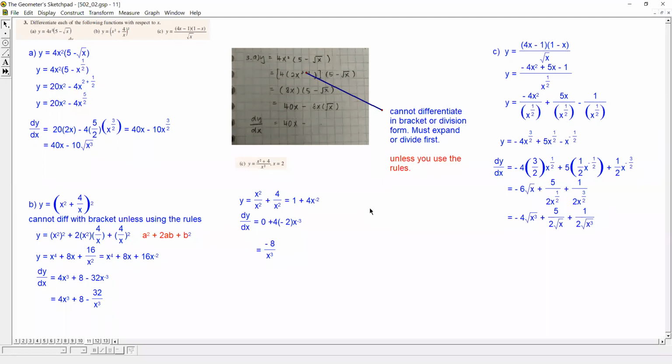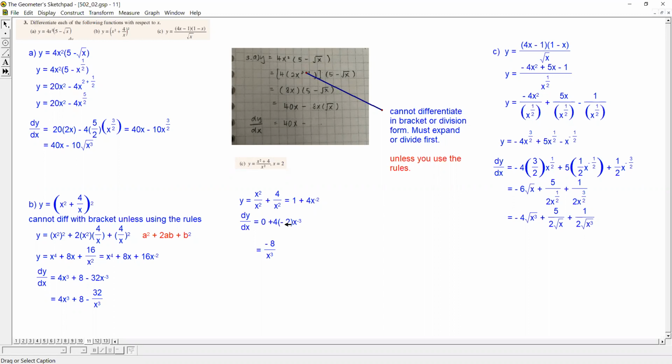Probably they cut your marks or something like that. So here, after you have simplified, it becomes 1, and differentiating 1 gives 0. Differentiate this, it becomes negative 8: the negative 2 brought in front, multiplied by 4, becomes negative 8. Negative 2 less by 1 becomes negative 3. So this 0 you throw away.